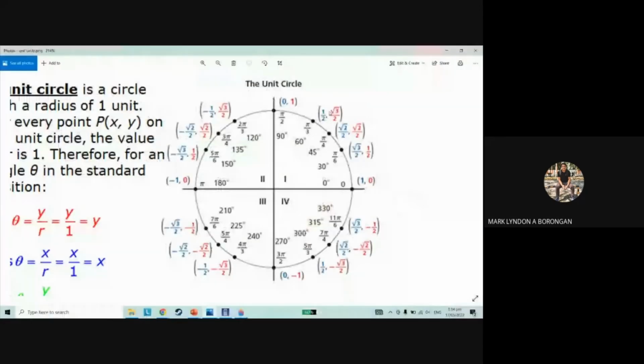So basically, we identify which sign has 1 half on the unit circle. If you look at it, the positive 1 half is here, right? Here it is negative, and here it is also negative, so those are not possible. It is positive only for both quadrant 1 and quadrant 2.